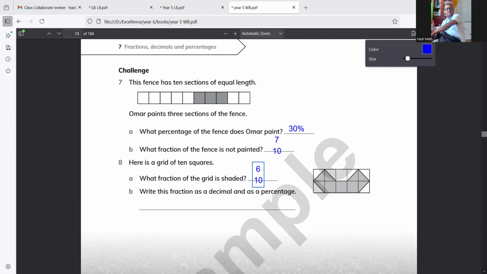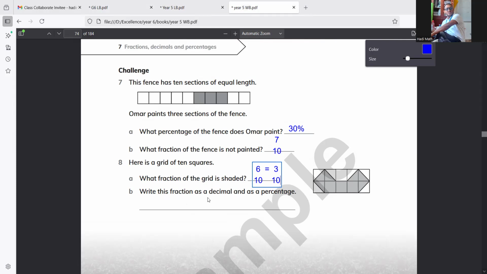Over 10. And the 6 over 10, you can write it in simplest form, divide both of them by 2, that will be 3 over 10. They say write this fraction as decimal and percentage.